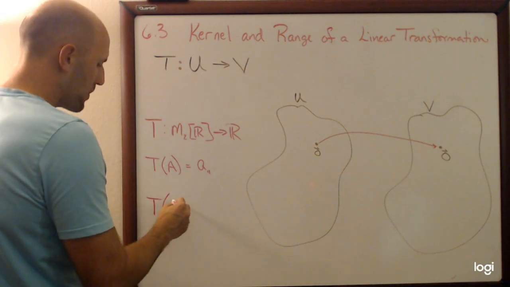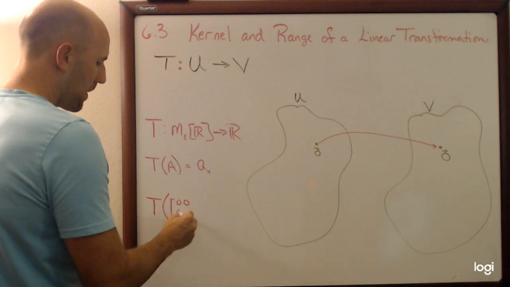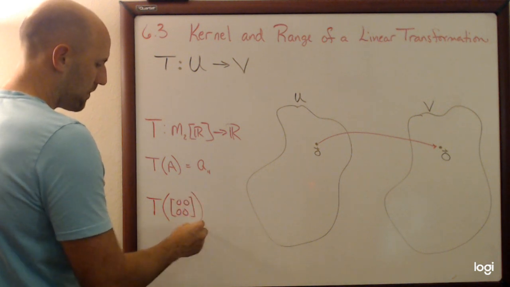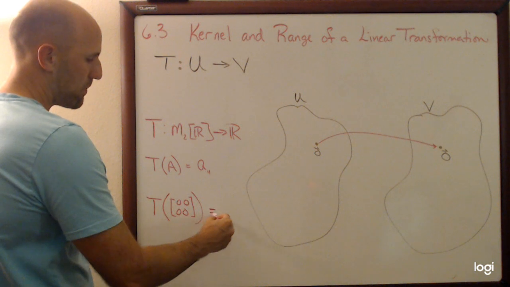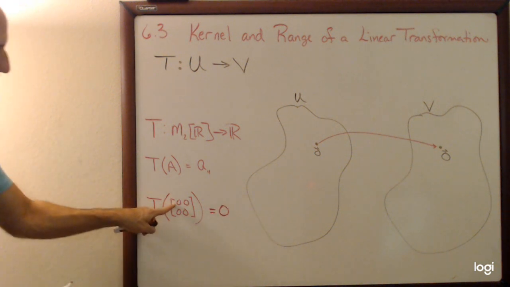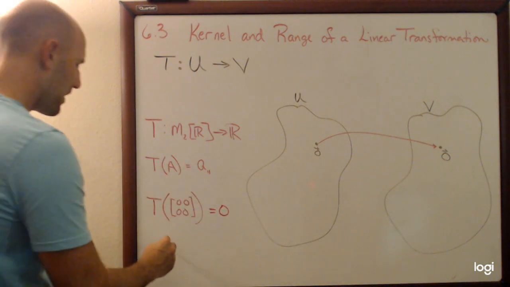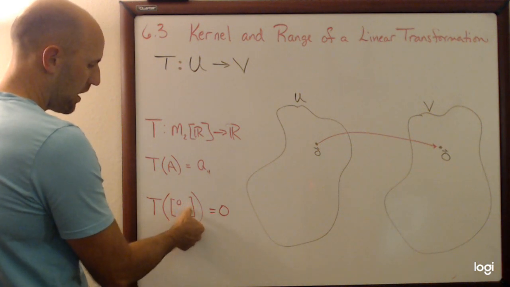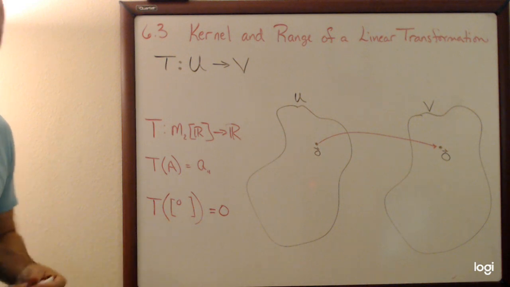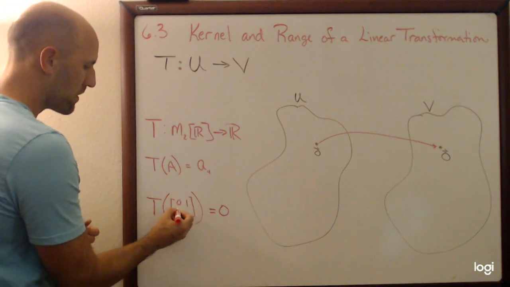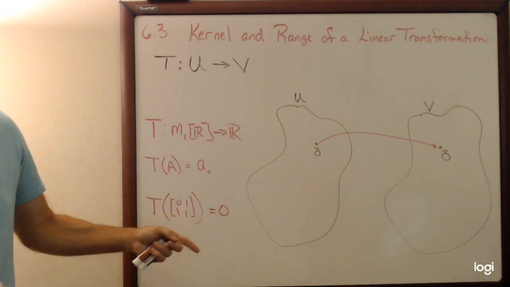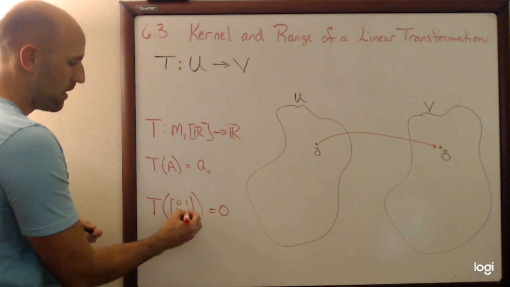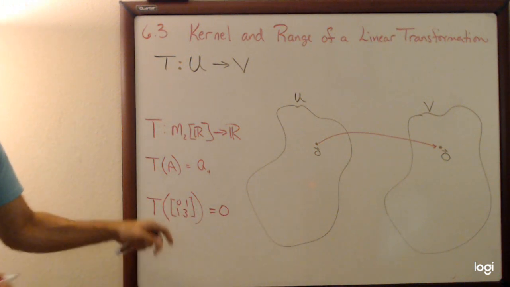Now what we notice, of course, is that the zero vector here of course gets mapped to 0 because the 1, 1 entry is 0. But honestly, anything of this form gets mapped to 0, right? So this matrix would also get mapped to 0, and this matrix would also get mapped to 0.